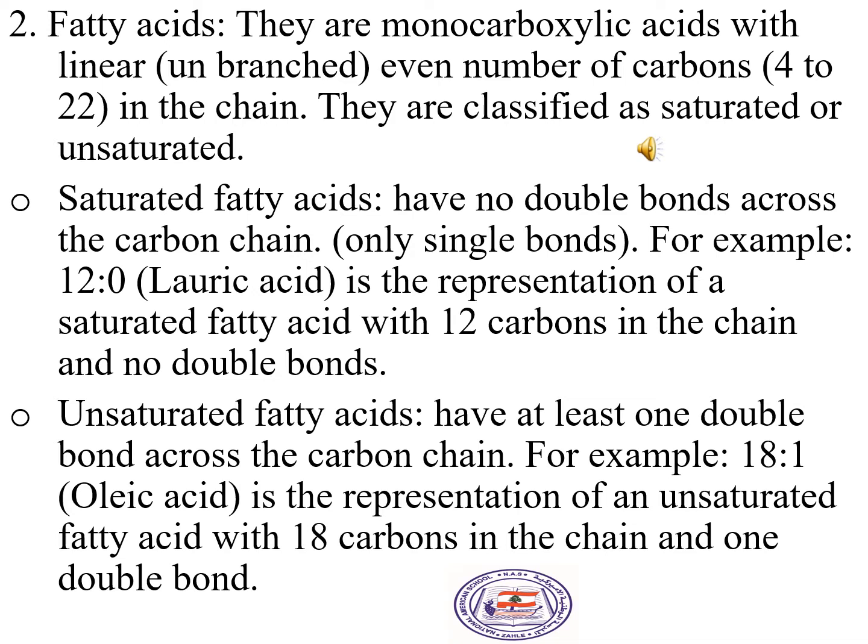Now, unsaturated fatty acids, on the other hand, have at least 1 double bond across the carbon chain. For example, oleic acid is represented by 18:1. Now 18 represents the number of carbons found in oleic acid, and 1 indicates that we have 1 double bond between 2 carbons in the oleic acid chain.